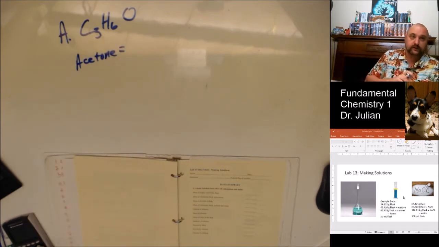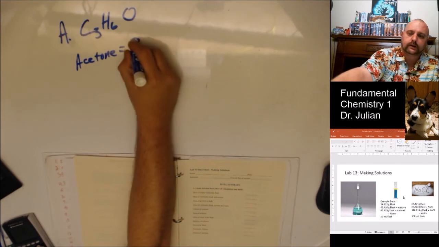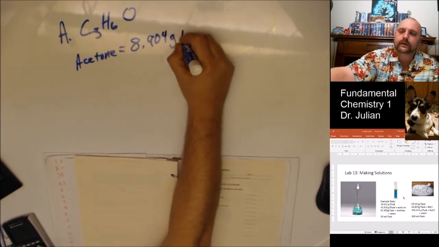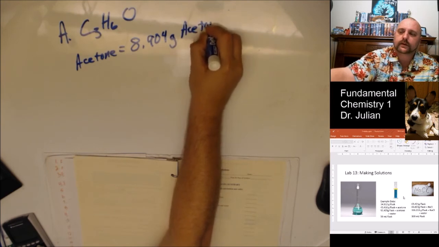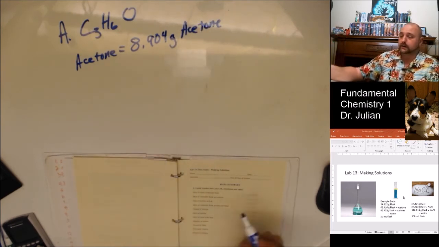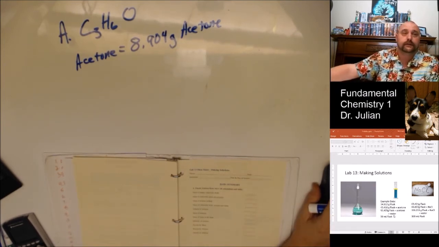And I'm just going to do some subtraction here. 43.416 minus 34.512. And that gives me 8.904 grams of acetone. Okay. Then I added enough water to fill up to the line.